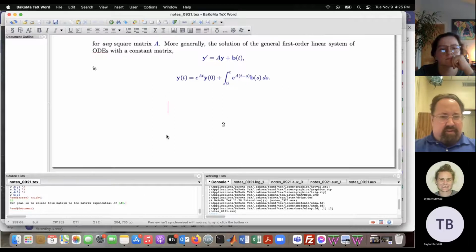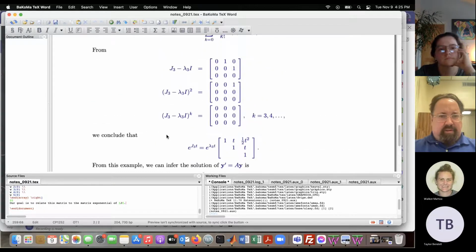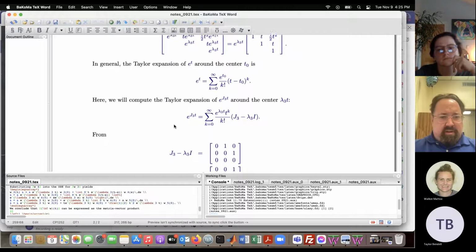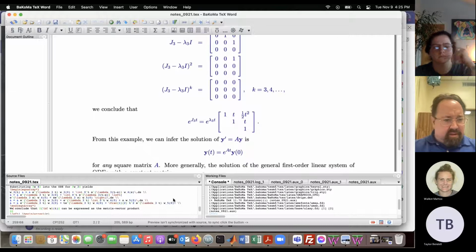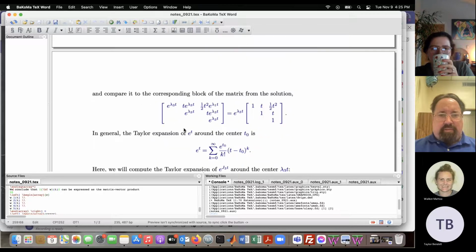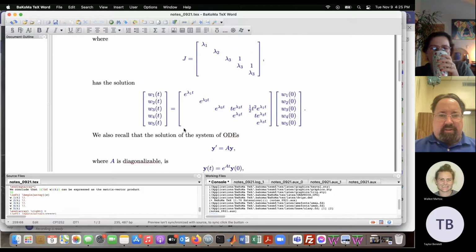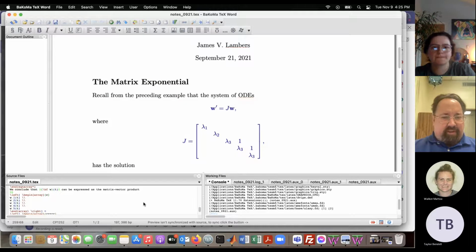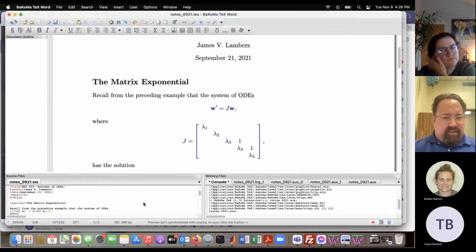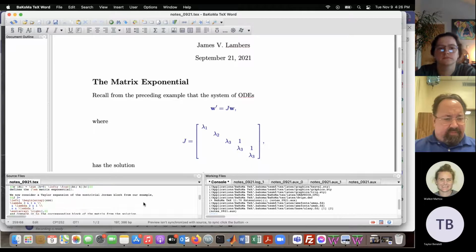Oh, something seems off here. Sorry, there seems to be a discrepancy between what I have written in the tech file versus the PDF.